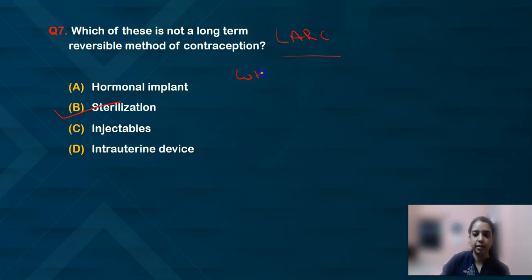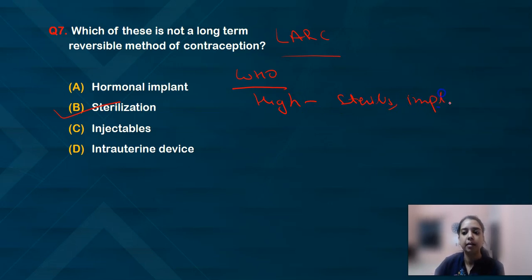WHO basically divides contraception into high efficacy, mid efficacy and low efficacy. High efficacy involves sterilization, implants and IUDs. Mid efficacy is your OCPs, and low efficacy is your barriers and fertility awareness methods.